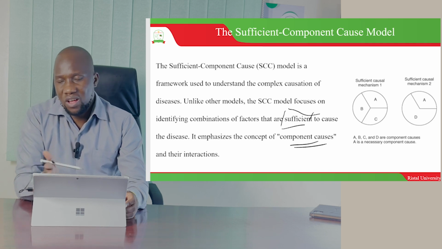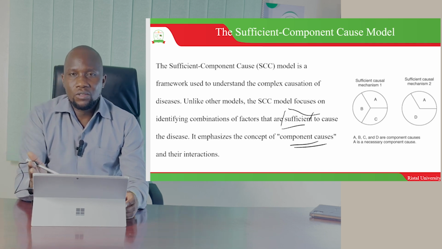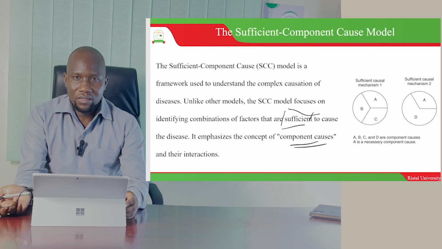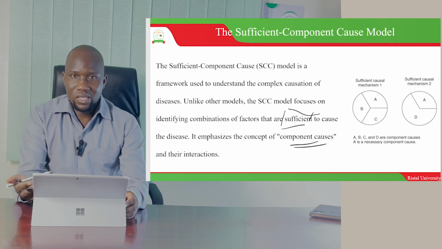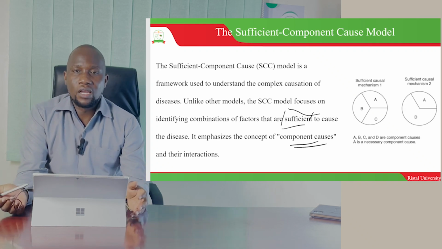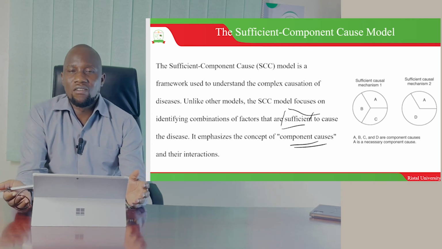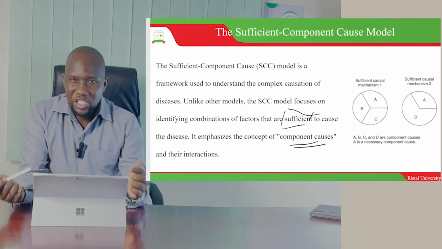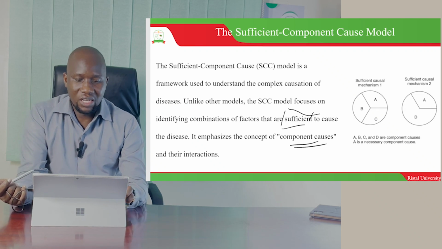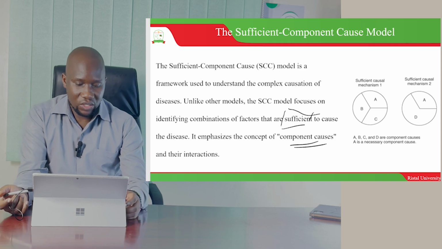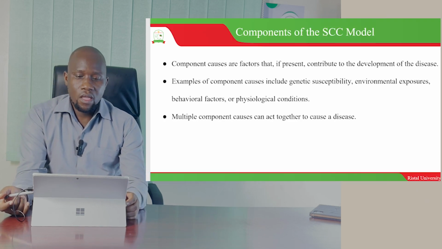So the causal pathway, not everyone gets, for example, heart failure in the same way. Not everyone gets heart disease in the same way. Okay? So this is what basically we are saying here, that you have different factors that will have to combine in order to have a particular disease happening. But the issue of sufficiency is what actually differentiates it from the other model, the web of causation that we have just talked about.